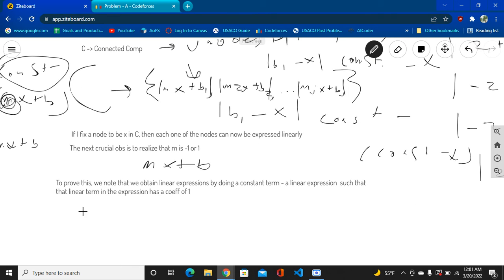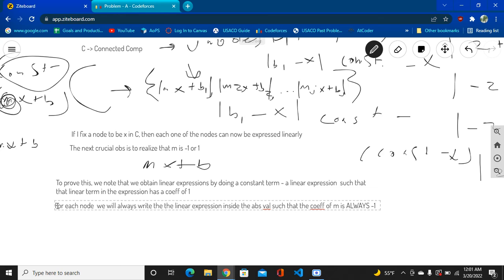For each node, we will always write the linear expression inside the absolute value such that the coefficient of m is always negative 1.